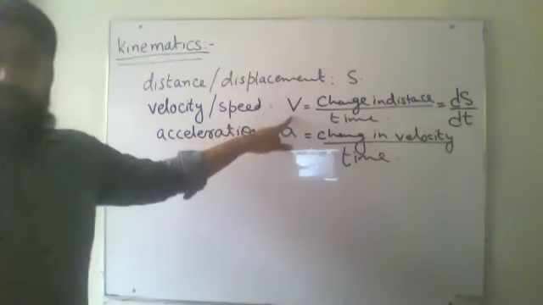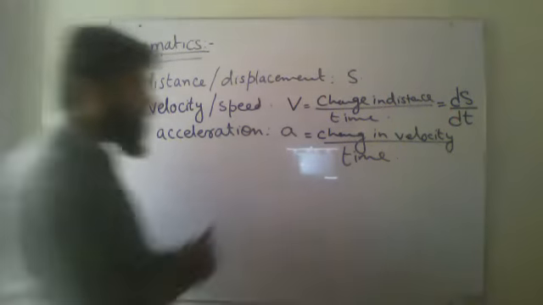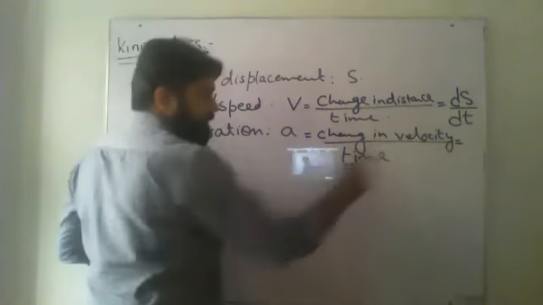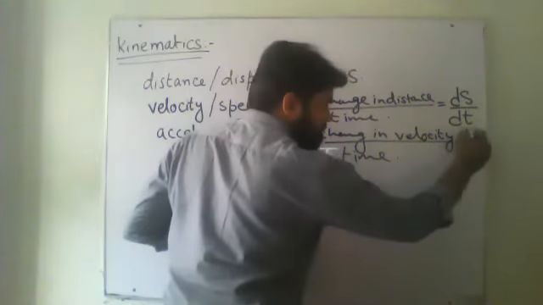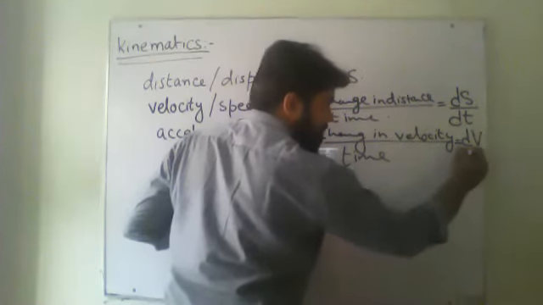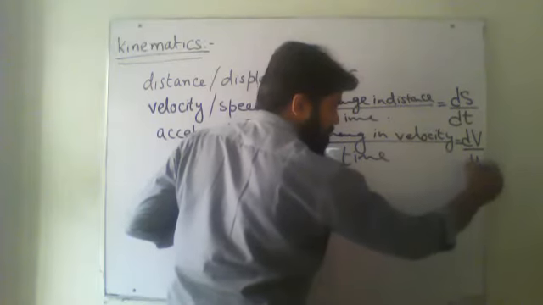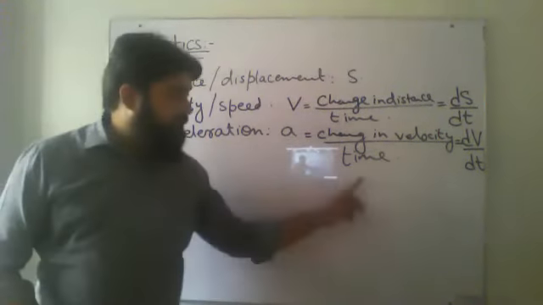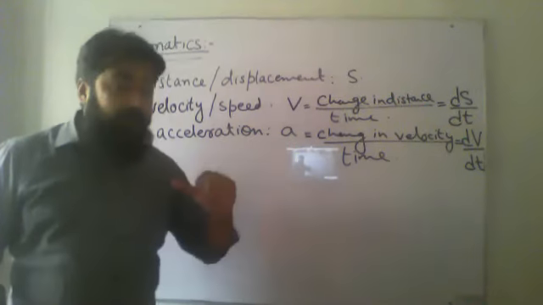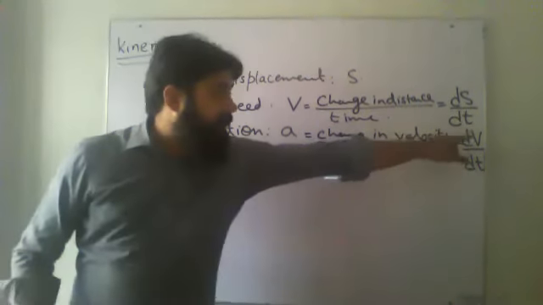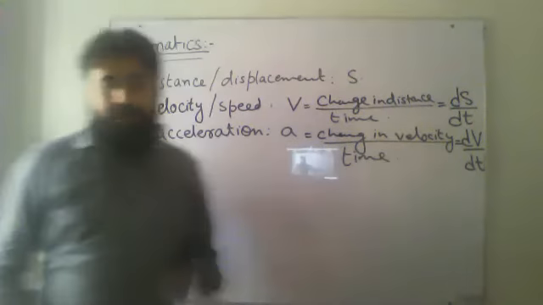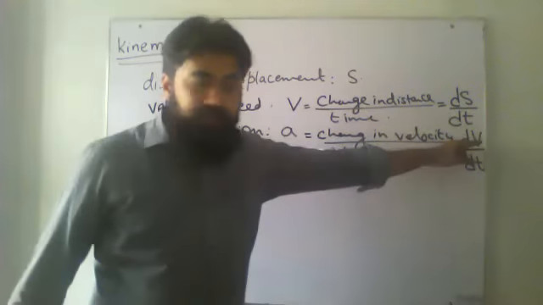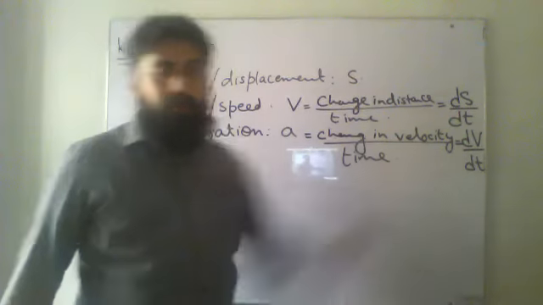That is called your velocity. Acceleration is change in velocity per unit time. How will I represent it? I will represent it as dv over dt, which means differentiation of v with respect to time.